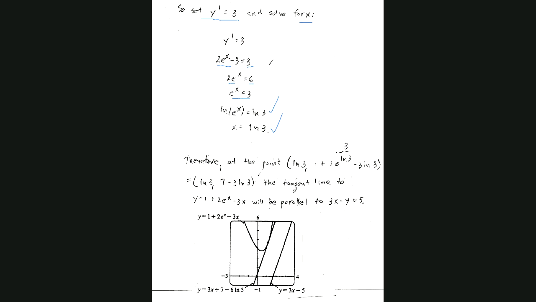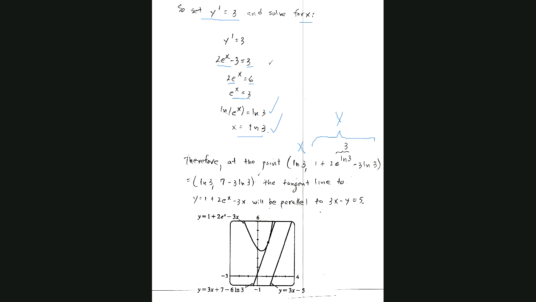I'll give you a moment to catch up here. So x equals log 3, that's the point when x is log 3, but they want coordinates, so you've got to figure out the y.